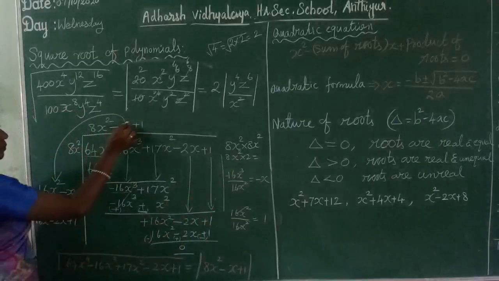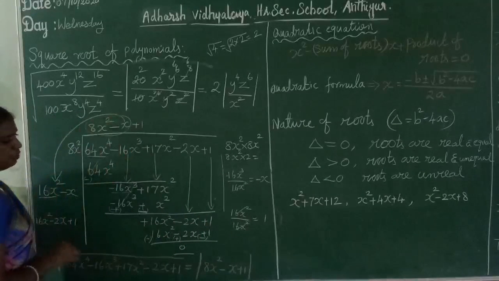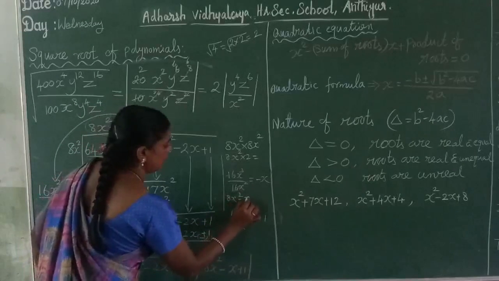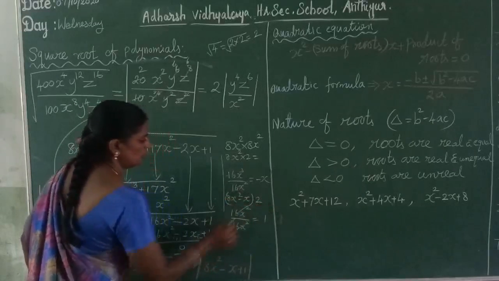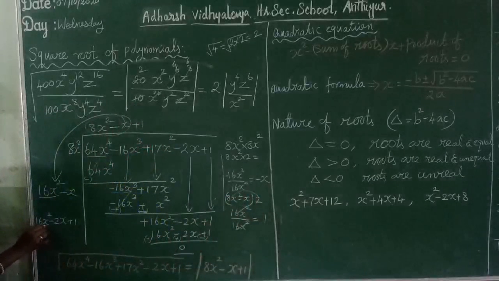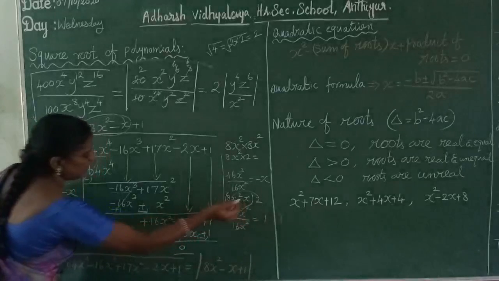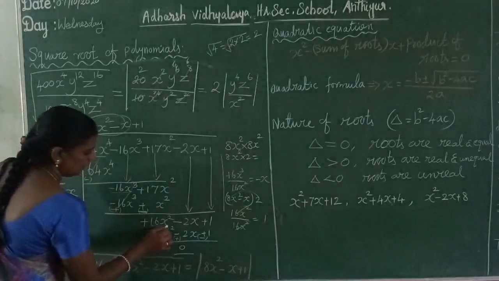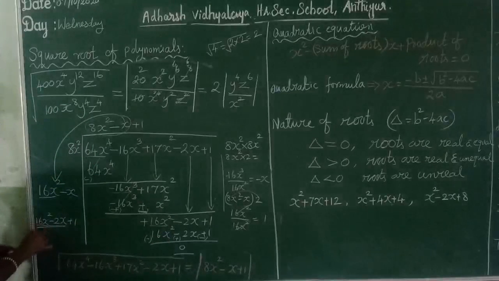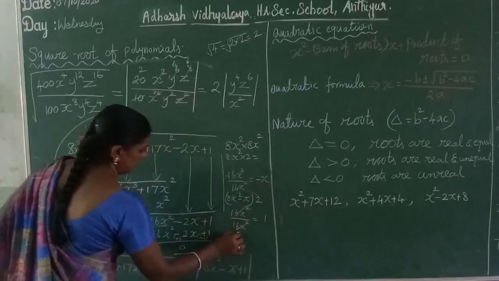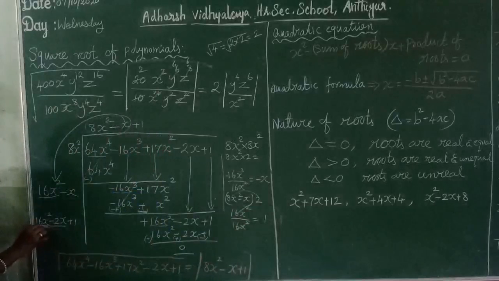Next step, multiply the quotient by 2. So 8x square minus x into 2: 2 into 8 is 16x square and 2 into x is minus 2x. Write in the divisor place. And next, first term of the dividend divided by first term of the divisor: 16x square by 16x square.